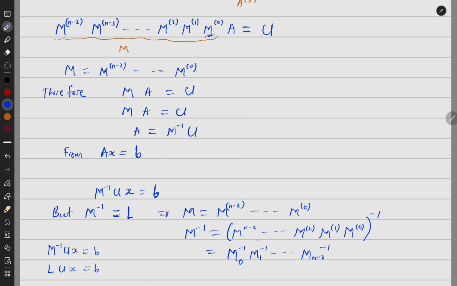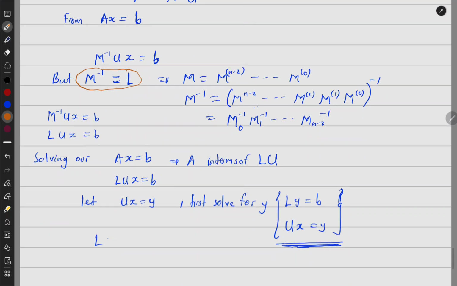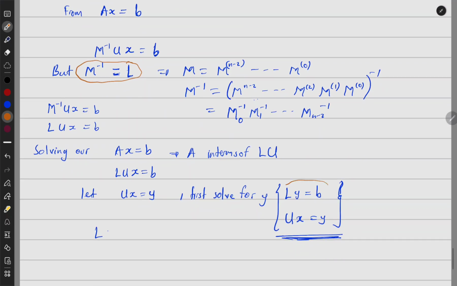The U is given by this, so you should keep that in mind. And the L is the inverse of m. So after getting those, you can form these two systems. Then you solve this one first, then you solve this one second. Next time we shall do an example.